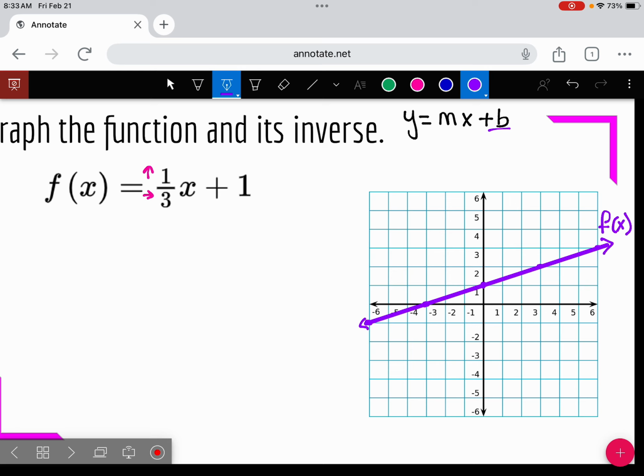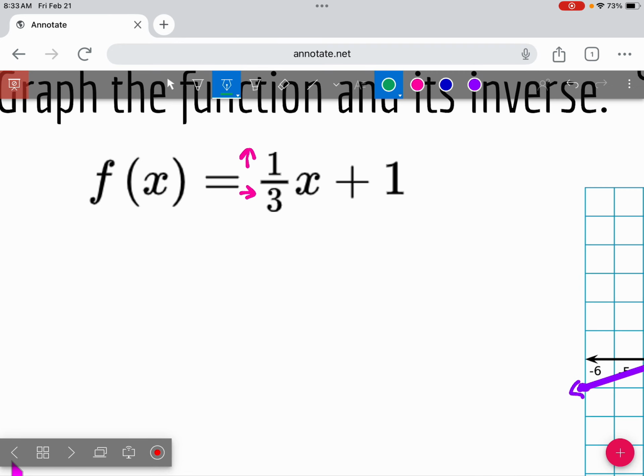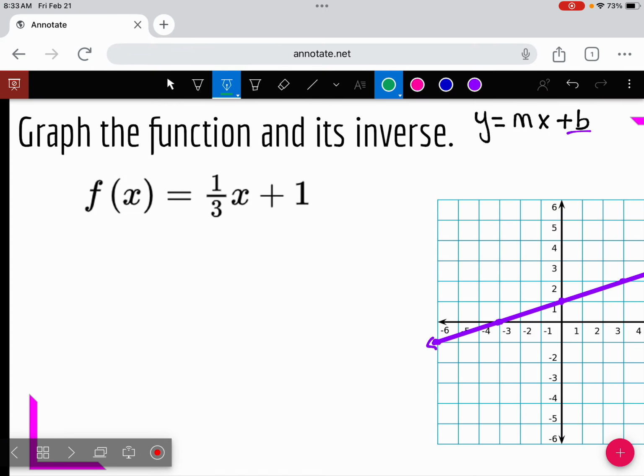So if we were just asked to graph this line, we'd be there. But now we need to find our inverse. So what do we do in here to find our inverse? What's our first step finding an inverse?